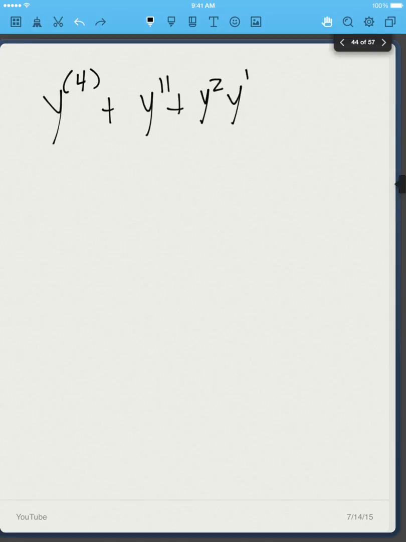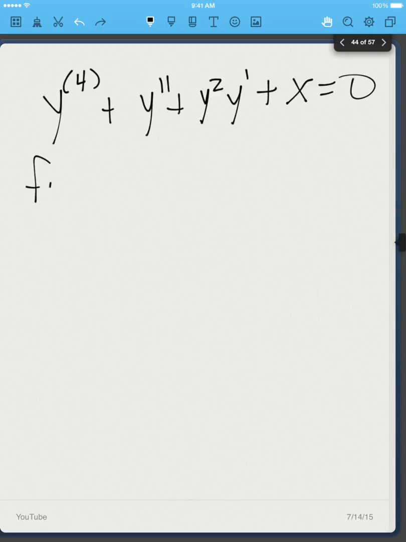So if we look at something, let's say y to the fourth plus y double prime plus y squared y prime plus x equals 0.